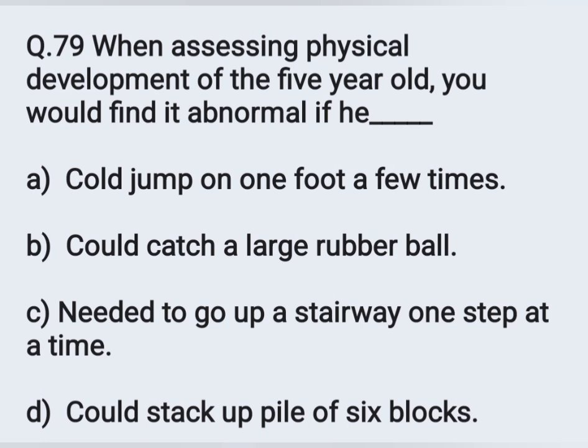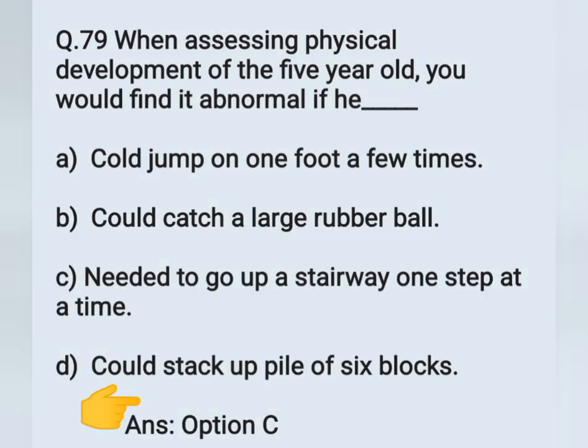Option D, could stack a pile of 6 blocks. Here the question is, while assessing the physical development of a 5-year-old child, which one is abnormal if it is noted? Okay, so the correct answer is option C, needed to go up a stair one step at a time. If he is not doing that, it is abnormal. Option C is the correct answer.